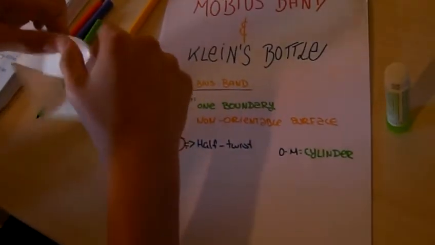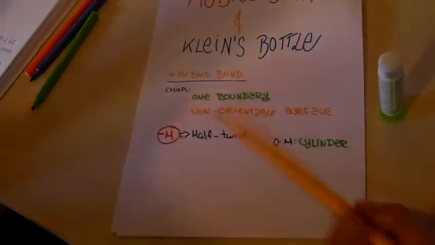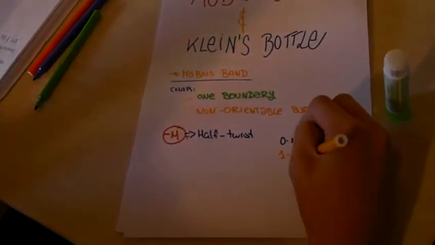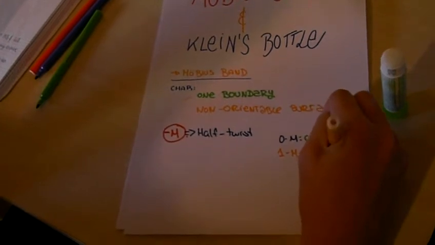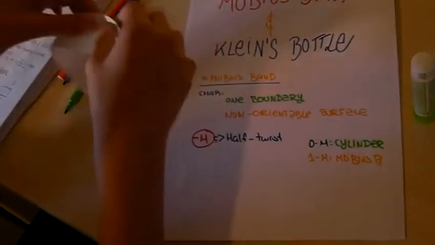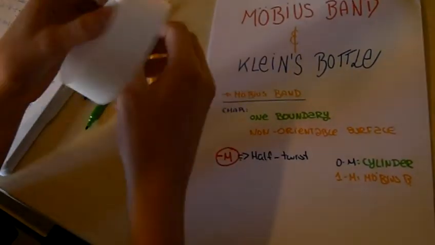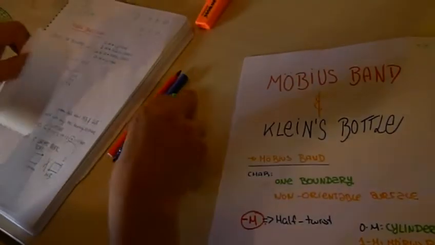If we do 1 half twist, as you have just seen before, we have a Möbius band. What happens if we do another half twist? We have another cylinder.